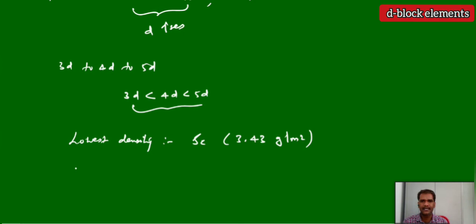And the highest density we can observe is for osmium, in the iron group: iron, ruthenium, osmium. Osmium has a density of almost 22.51 gram per ml.